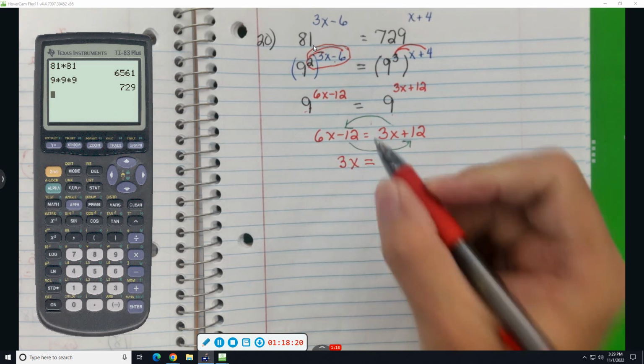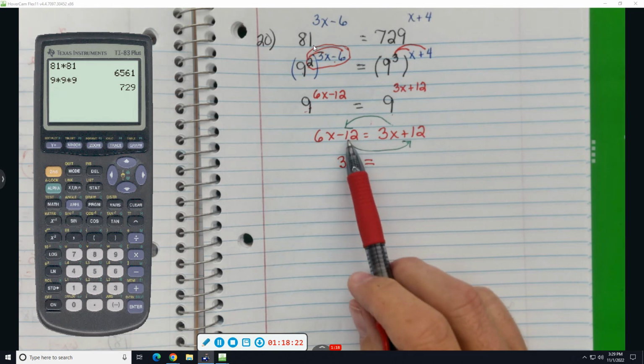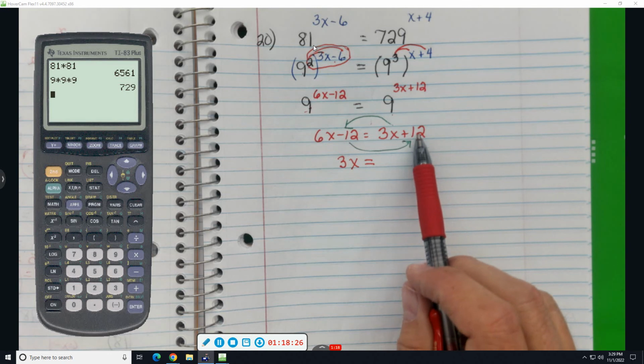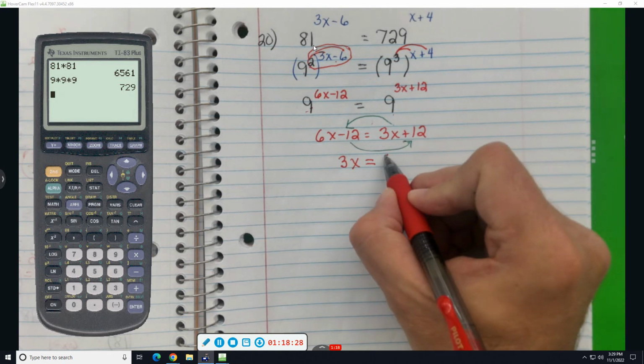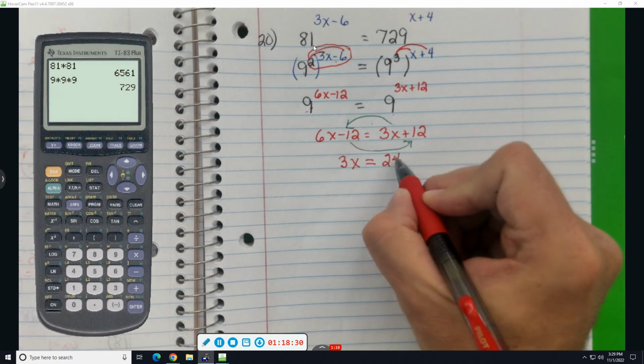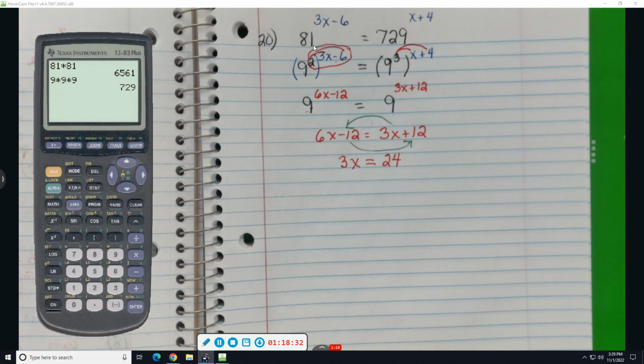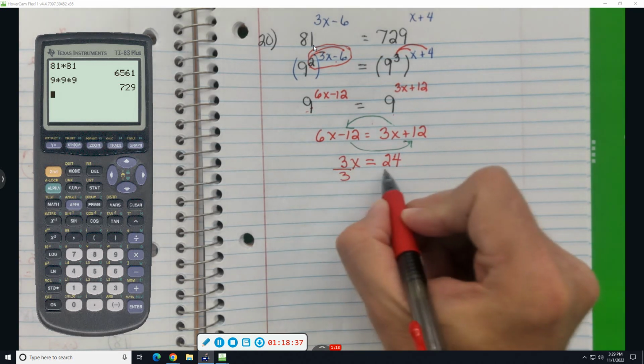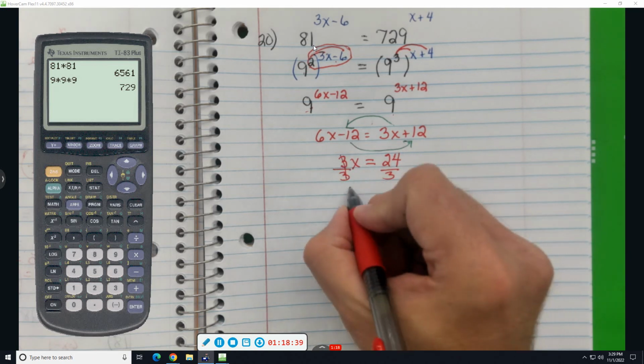Don't say 0. What are we going to have on the right? Can I move this 12 over? 24? And now divide by 3. X equals, yep.